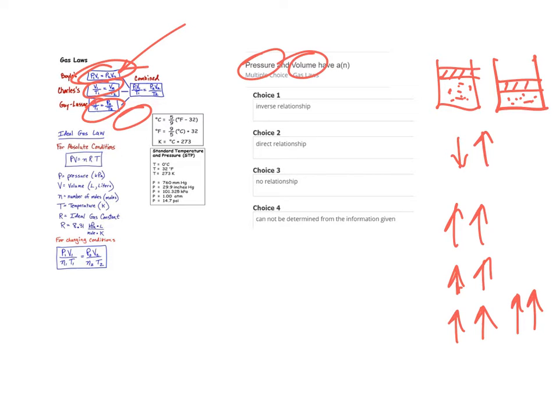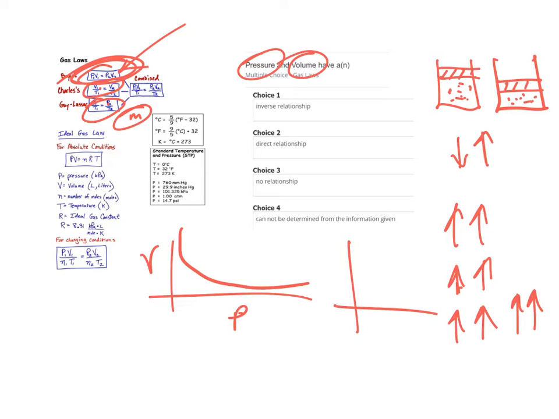So all the relationships between volume and temperature, pressure and temperature, moles and volume, moles and temperature, those are all direct relationships. One goes up, the other goes up. The only one that's inverse is pressure and volume. Pressure goes up, volume goes down. If I made a pressure volume graph, that's the one that looks like this.